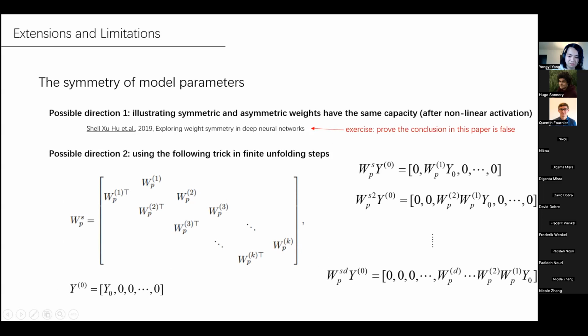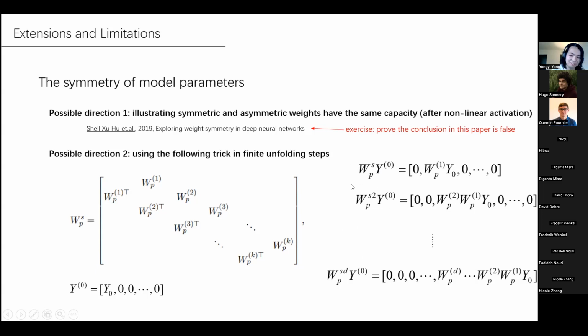Then if we only do finite steps, each time this y will shift to the right by one step, and will be applied to an asymmetric transformation. So if we unfold it to k steps, then it will be applied to k asymmetric transformations. And you can also add nonlinearities on this, like ReLU. It will also be okay.